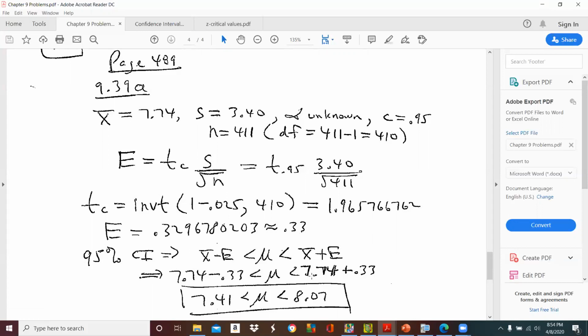The right end is 7.74 plus the margin of error, 0.33. If I did the arithmetic correctly, it's 7.41 on the left, 8.07 on the right. This is our 95% confidence interval. We must use a T critical value. We must use S.